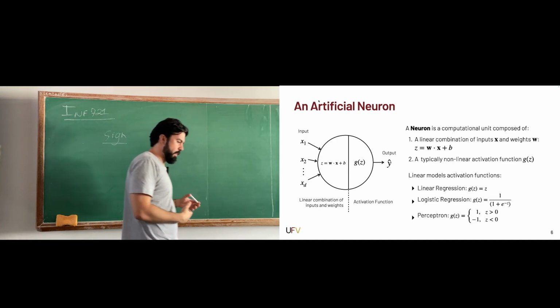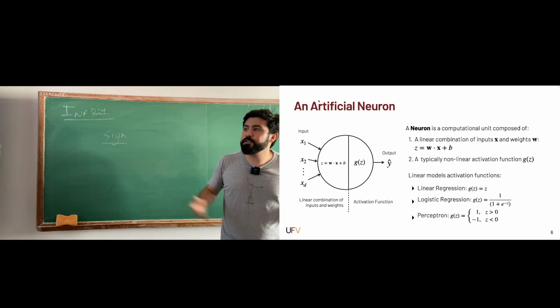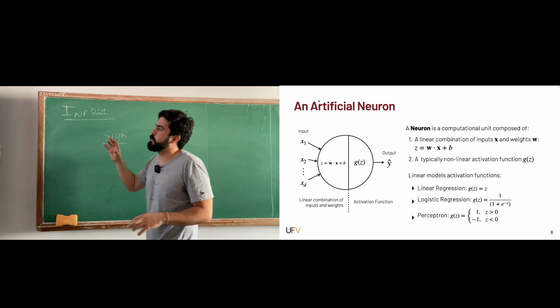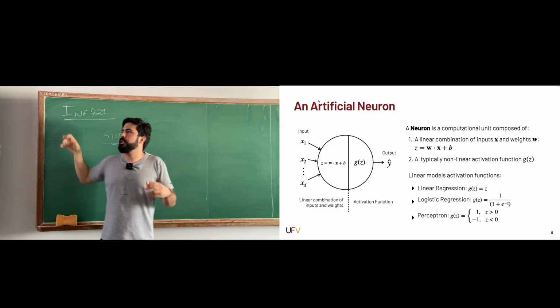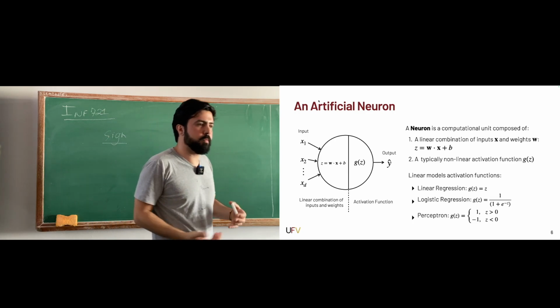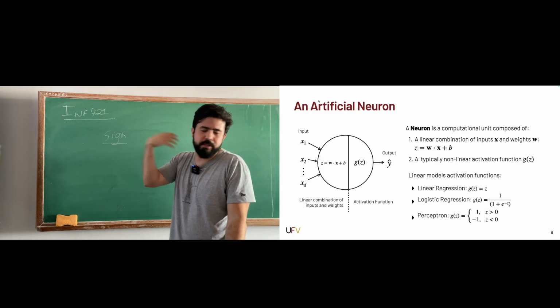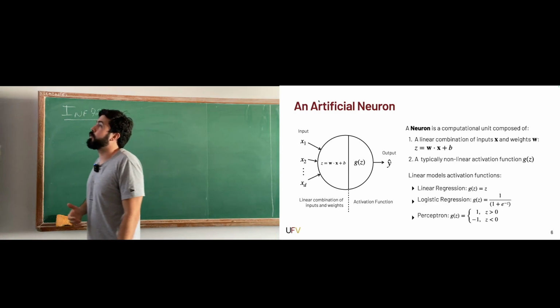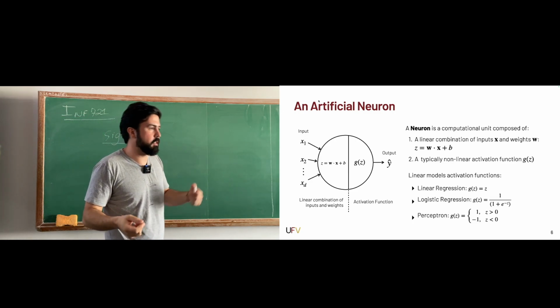This is not how I think these things were developed over time in the history of neural networks, but I like presenting it this way because you can see that by thinking about neurons, we can design different algorithms. And this idea of an artificial neuron, which normally we just call a neuron for short, actually has an inspiration in biological neurons.